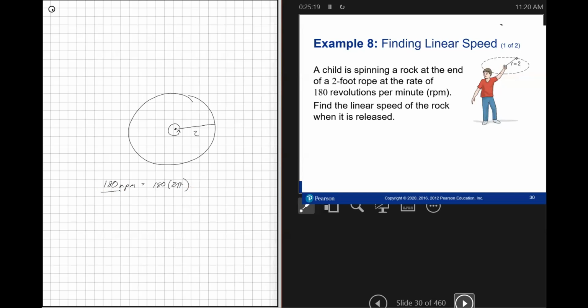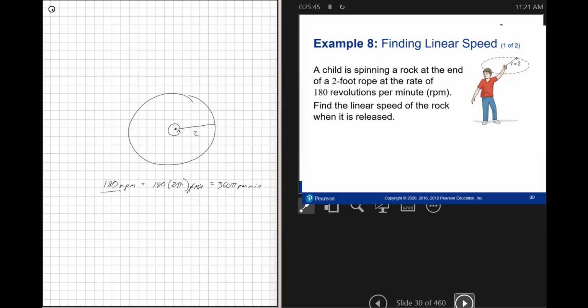So we're still per minute. And so this is 360 pi radians per minute.